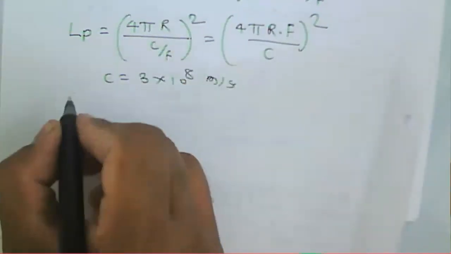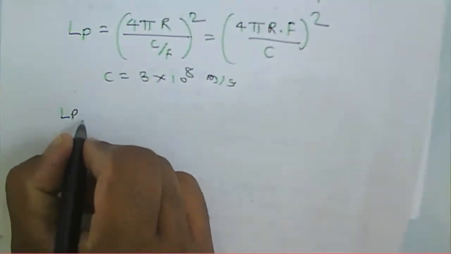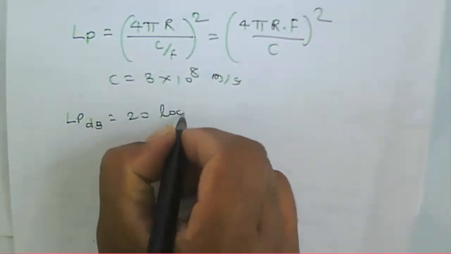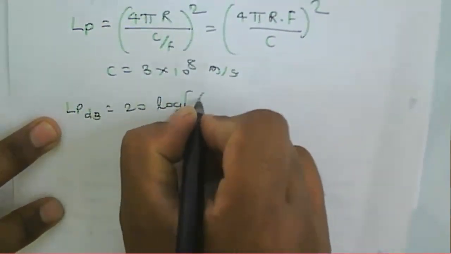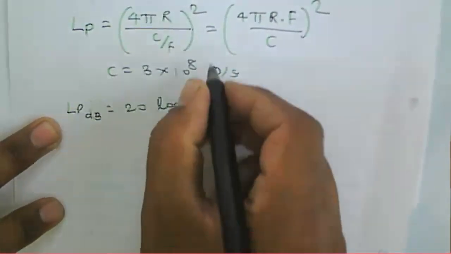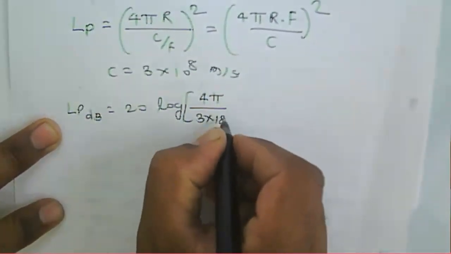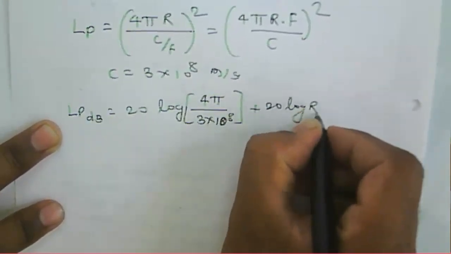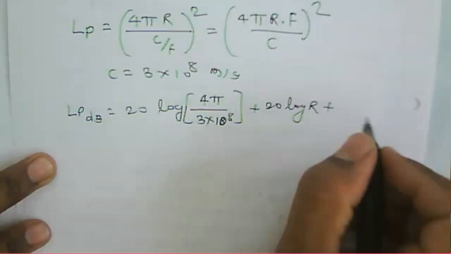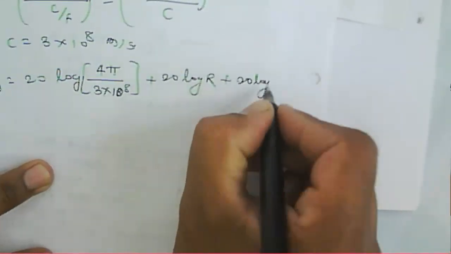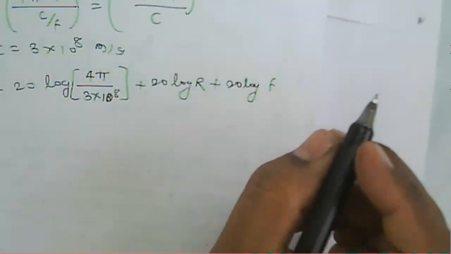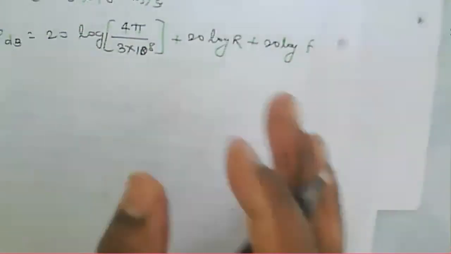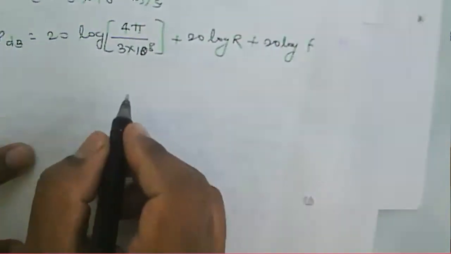But if you want the same path loss in terms of dB here, we need to separate out the terms. So that will be 20 log of the 4 pi term, and we have this 3 into 10 power 8, plus 20 log of your r, the distance, plus 20 log of whatever the frequency in gigahertz. So that's f into 10 power 9. Generally no need to write gigahertz and all, 20 log of whatever the frequency we have.